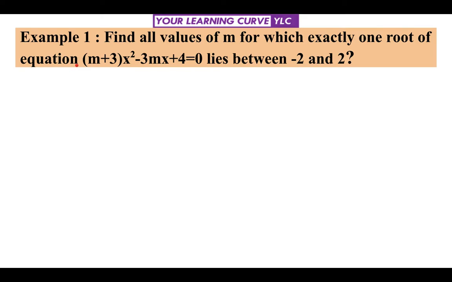So be careful, whenever we are saying a into f of k, we are saying the leading coefficient into the value of the function at k. So here m plus 3 is a, minus 3m is b, and c is 4. You have to ensure that this quadratic has exactly one root between minus 2 and 2.